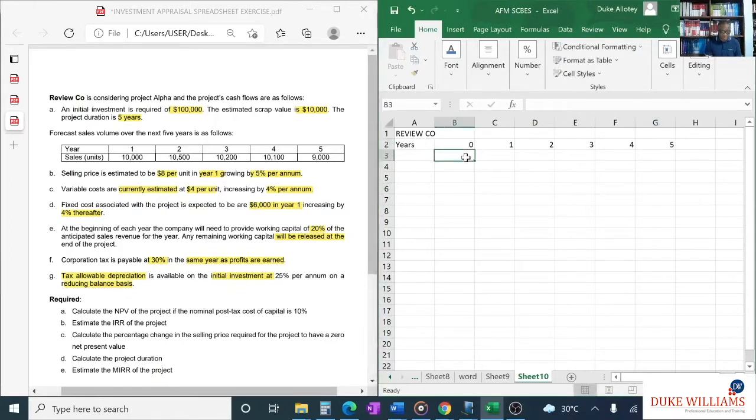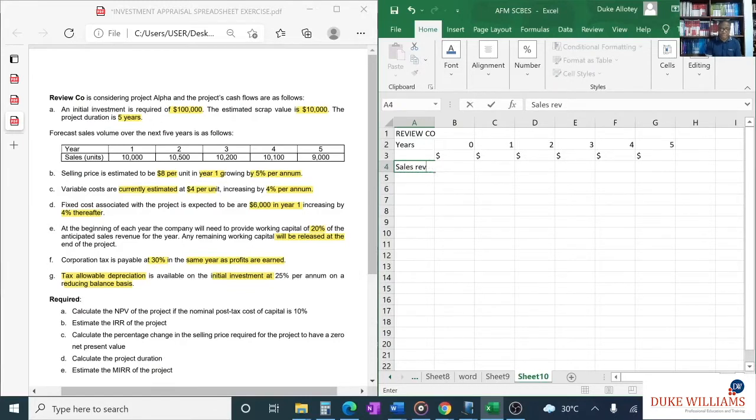Then I could also put in the currency there, just drag it there. You can decide to format it or whatever it is. It doesn't really matter. Then, having read through the question, I can see there is sales. So there's going to be sales revenue.